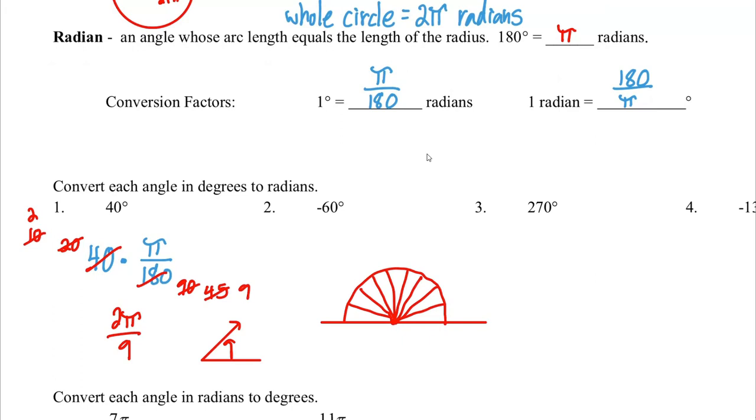Okay, so this is 9 sections, yes? Basically what this angle is saying is we're doing 2 of those 9. So that's why this angle looks like this.